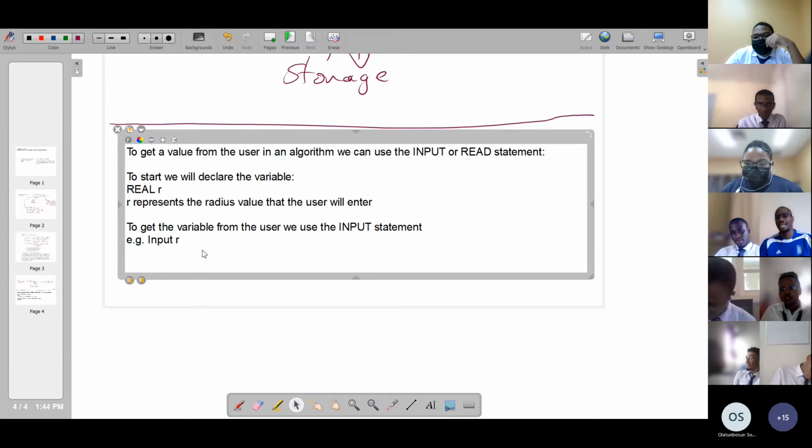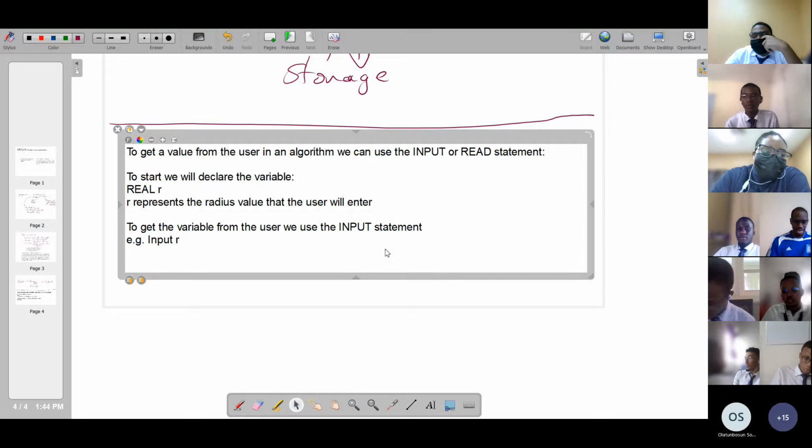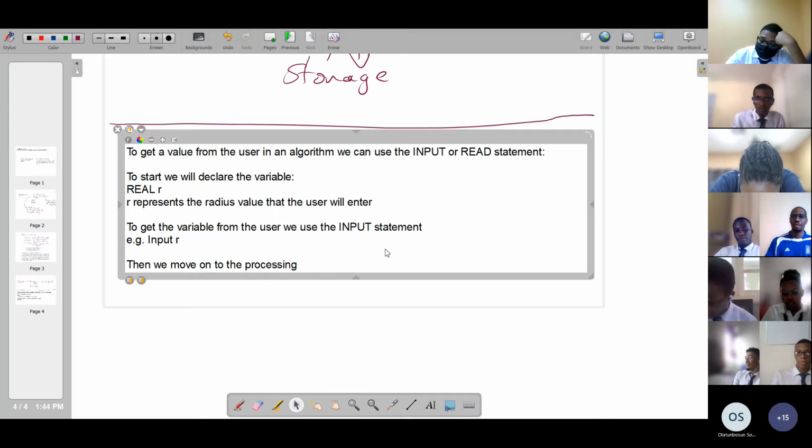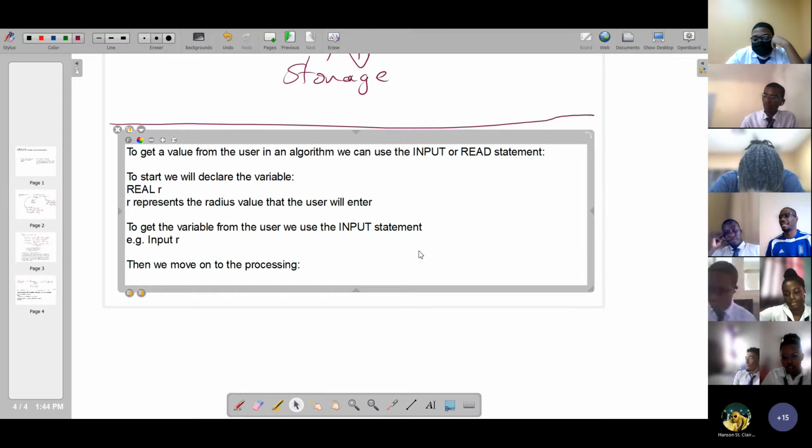All right. So we see the example for the input, and then we move on to the processing. The processing is what will get us towards that output that we will produce. So the processing involves some statements.